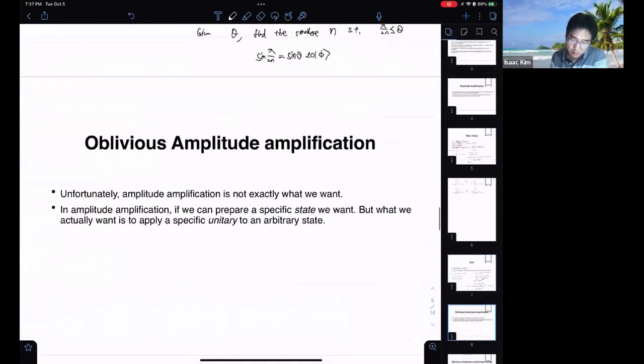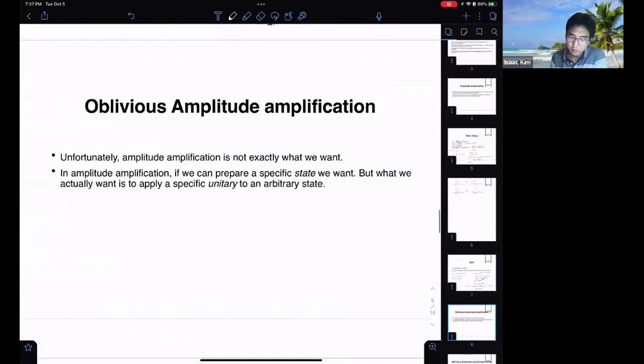Okay, so that's just a general fact about quantum computing, but unfortunately, amplitude amplification is not exactly what we want, because in amplitude amplification, we can prepare a specific state that we want, given an ability to apply a phase to that particular state.